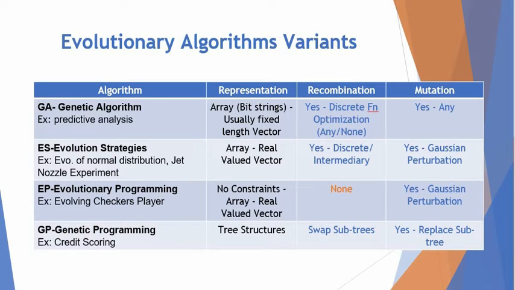Evolutionary algorithms have a few variants: genetic algorithm, evolutionary strategies, evolutionary programming, and genetic programming. Credit scoring is the best example for genetic programming, and it is represented as tree structures. Evolving a checkers player is a good example for evolutionary programming, which is represented as real valued vectors.